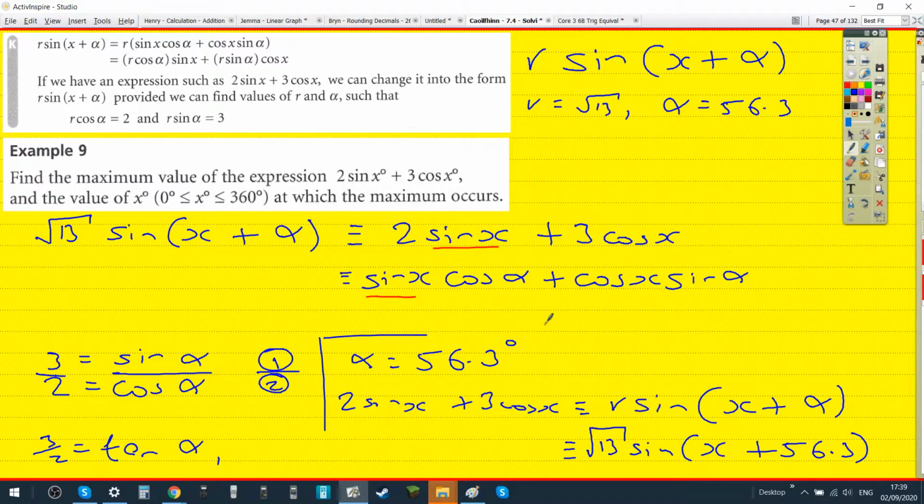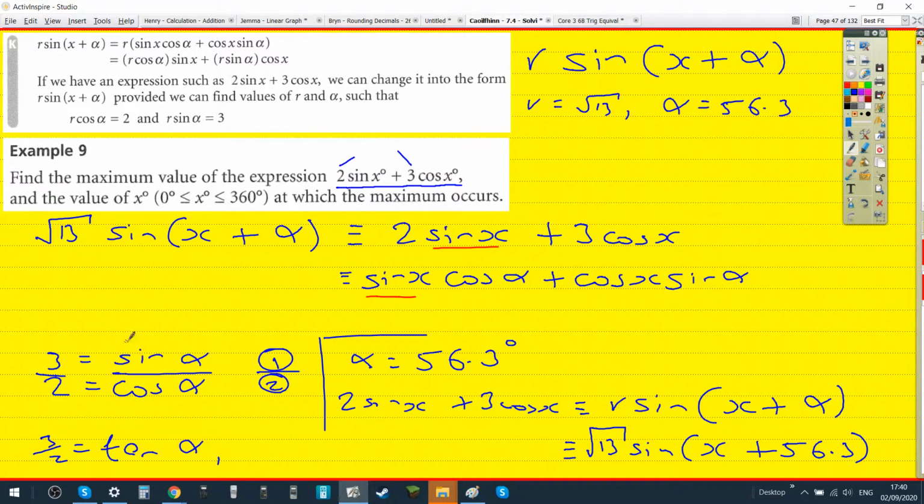And so this is essentially the addition angle formulae in reverse. The r, the coefficient, is the Pythagoras of a and b, these two.